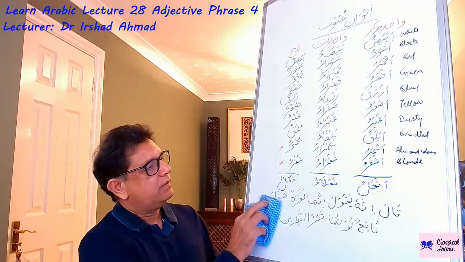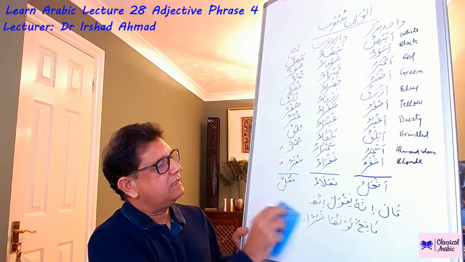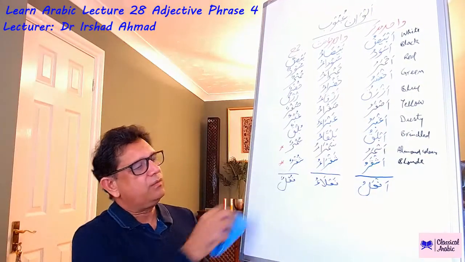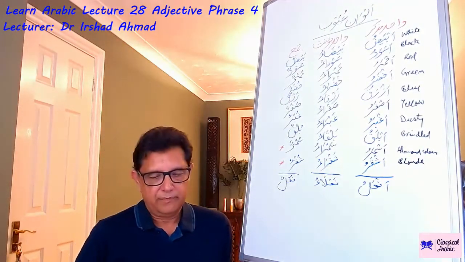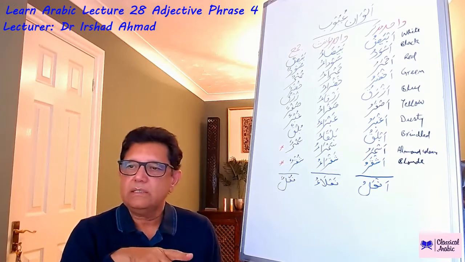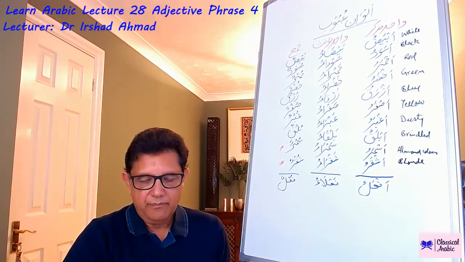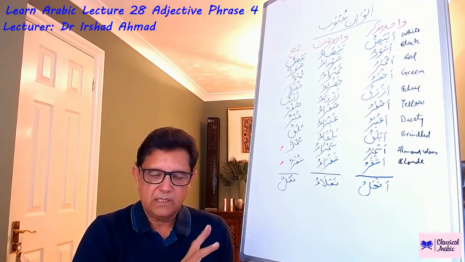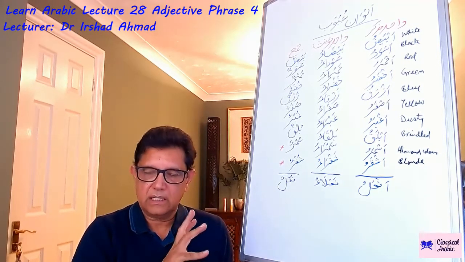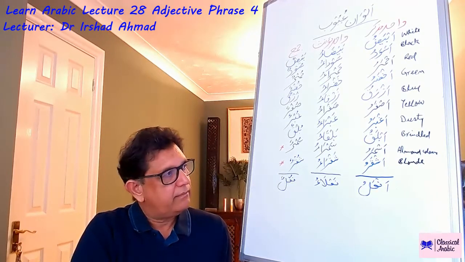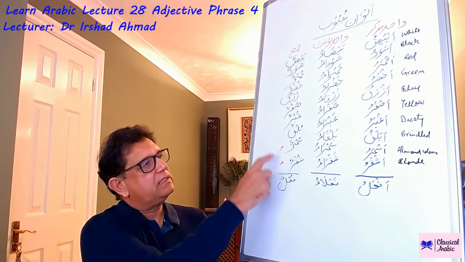Okay, so we have got these three patterns then, af'alu, fa'ala'u, and fu'lun, and on these patterns af'alu, fa'ala'u, we also get words which are not quite color adjectives. For example, I have highlighted these two.